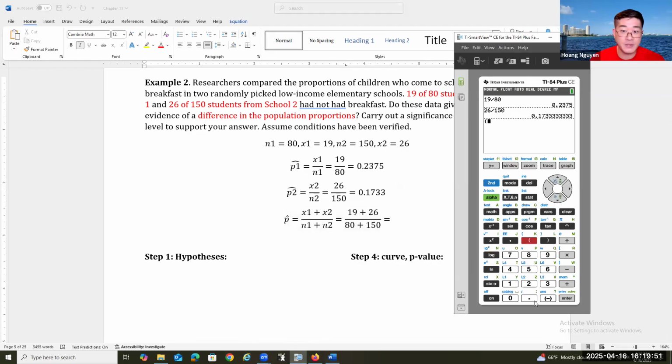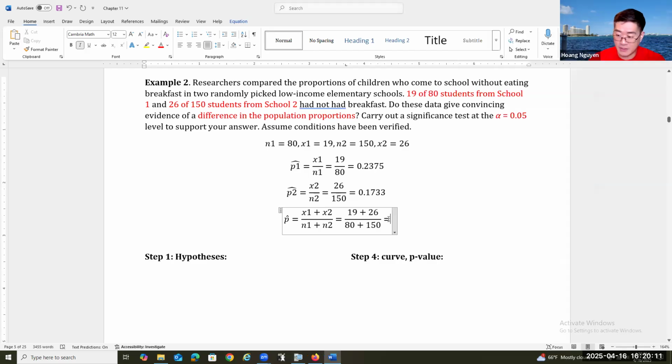Make sure that you have the parentheses. So 19 plus 26 divided by 80 plus 150 is 0.1957. So having these values calculated in advance is gonna help you perform the hypothesis test a little bit easier and faster.